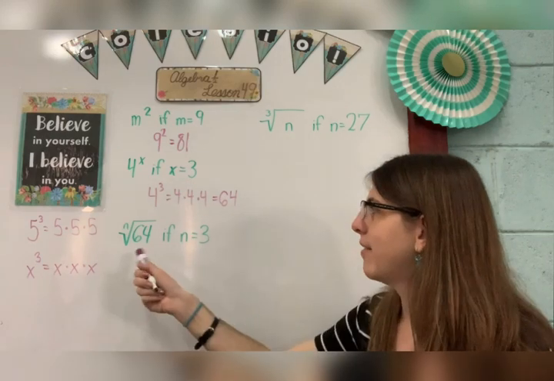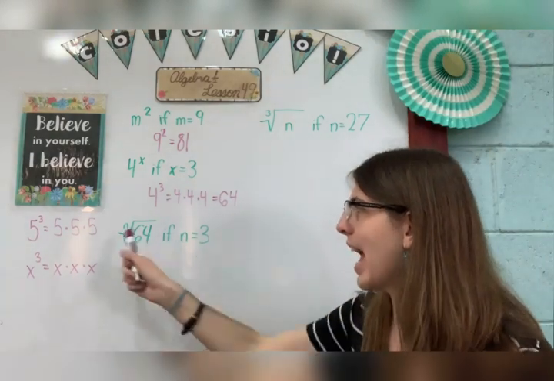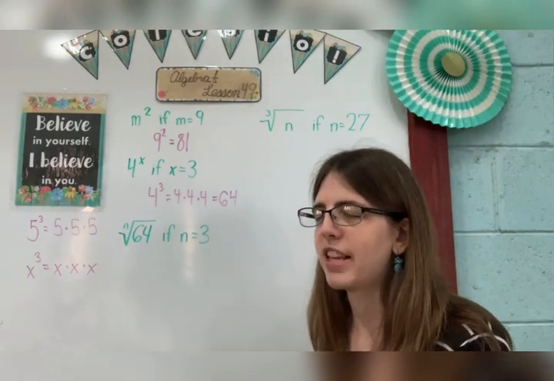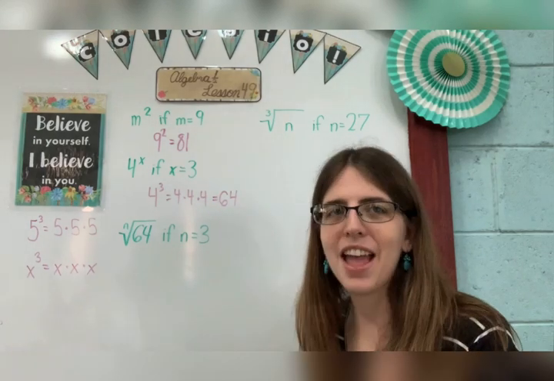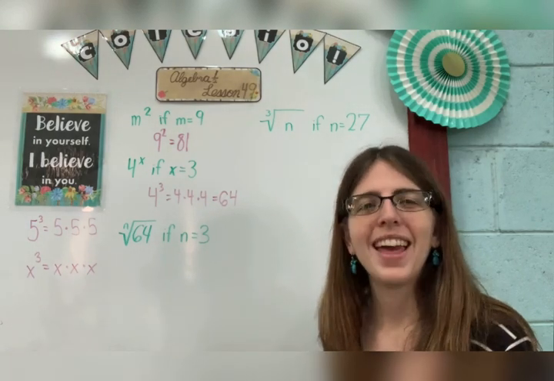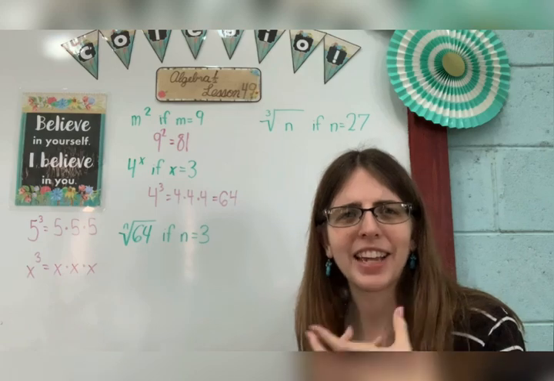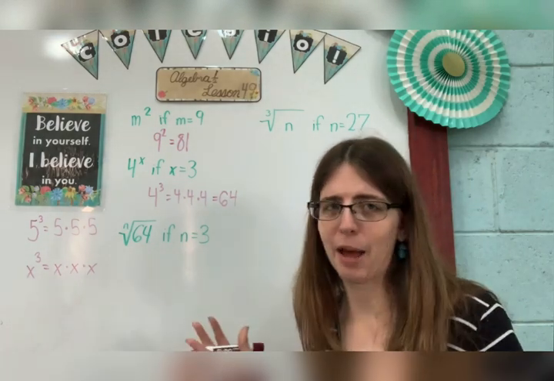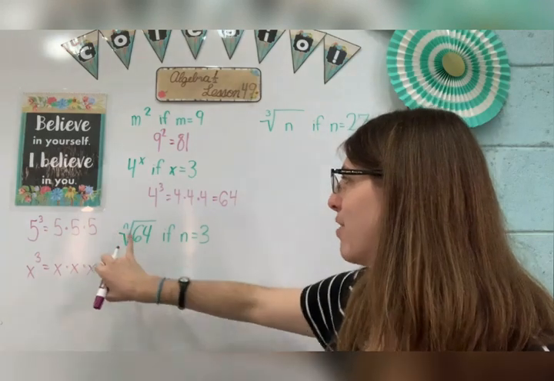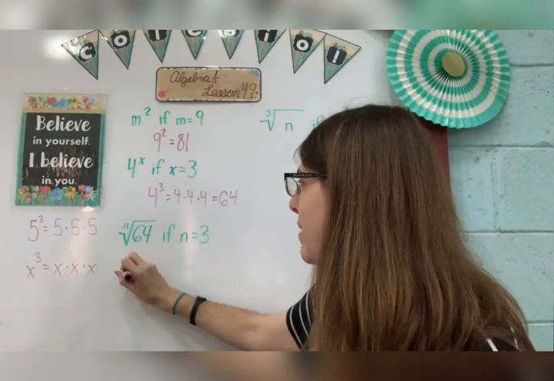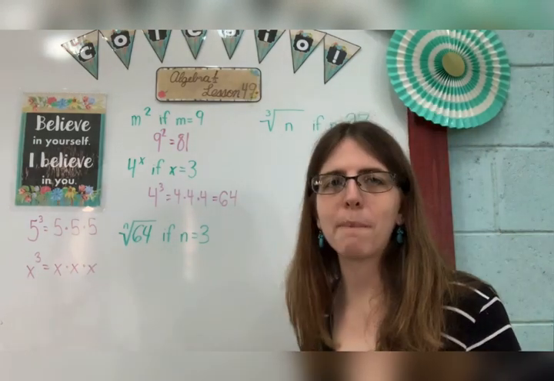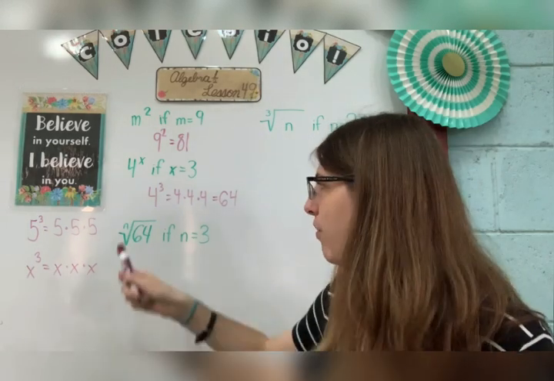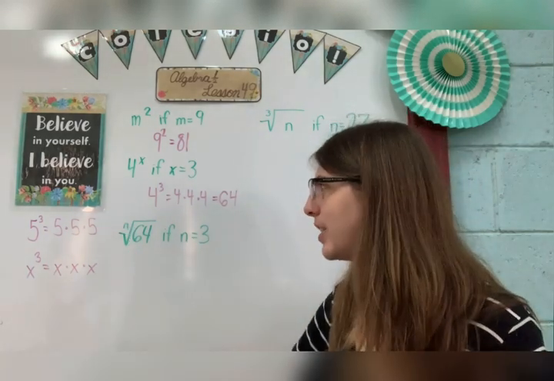All right, the nth root of 64. It gets a little tough and tongue-tying to get all of the phrases right sometimes, so forgive me when I mess up. So the nth root of 64. That means I'm looking for the number multiplied by itself n number of times that gives me 64.